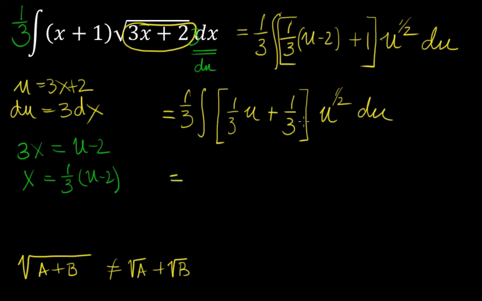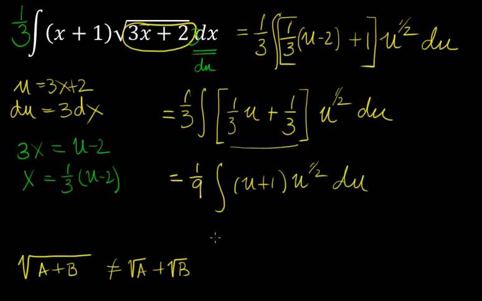Equals, I'm going to pull out that 1/3 here and make it 1/9, factoring 1/3 out of the sum here. So I have the integral of u plus 1 times u to the 1/2 du, which will give me 1/9 times the integral of u to the 3/2, multiplying it out using the distributive property, plus u to the 1/2 du.